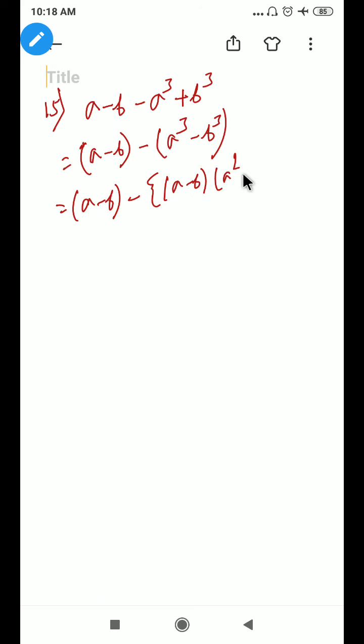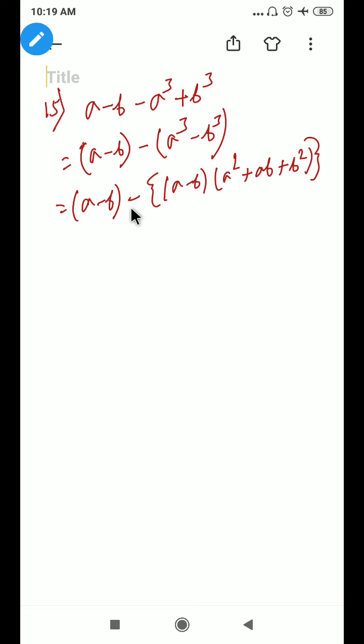Take common minus here, so this converts to a cube minus b cube. Now you can break this using the a cube minus b cube formula, that is (a minus b) into (a square plus ab plus b square).